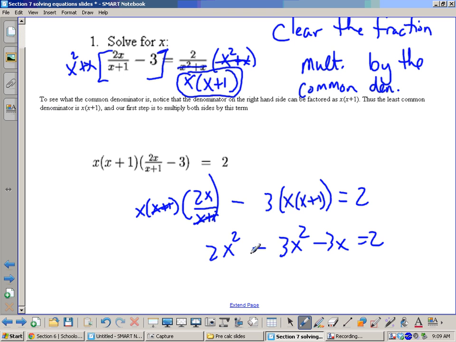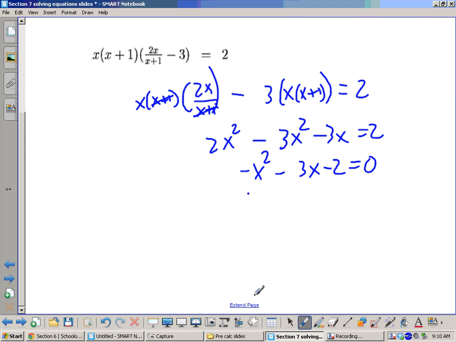So we're going to end up with, in this problem, negative x squared minus 3x minus 2 equals 0. And to factor this one, I really like this to be positive. So I think what I'm going to do is move everything over to the other side and make everything positive. It makes it a little easier to factor when that leading term is positive.